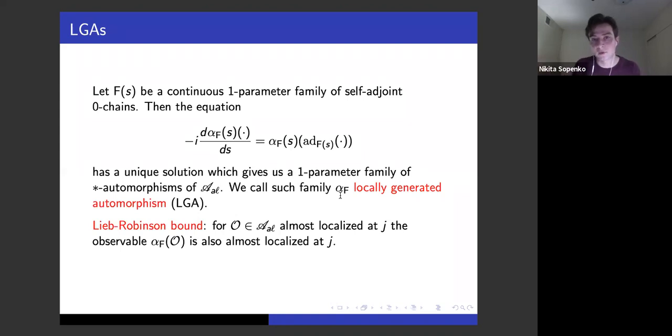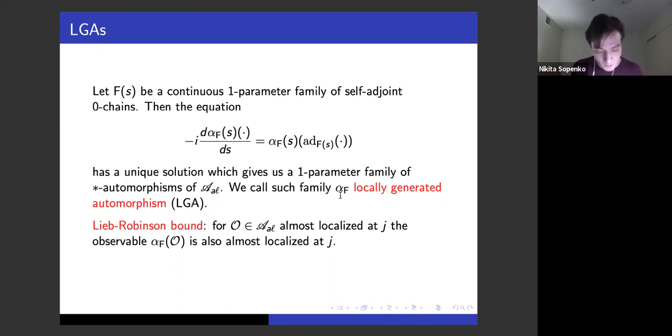So we have some one parameter family of such zero chains, and it defines a path in the automorphisms of this algebra, and we call this path a locally generated automorphism. So it contains information about this Hamiltonian.